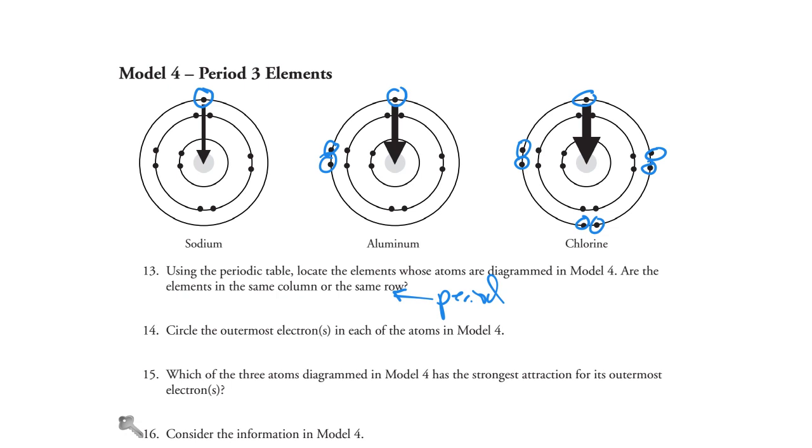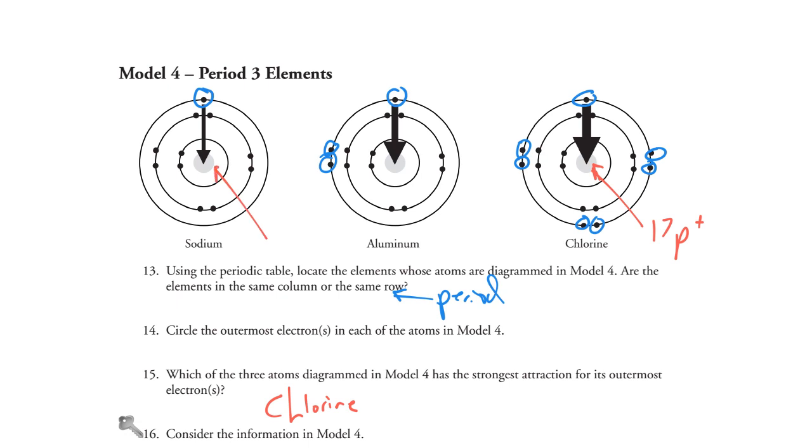All right, so all of these are in the same energy level and are going to experience the same attractive force from the nucleus. Which of the 3 atoms diagrammed in model 4 has the strongest attraction for its outermost electrons? This one is going to be the chlorine. The reason for that is chlorine, being atomic number 17, has 17 protons in its nucleus.